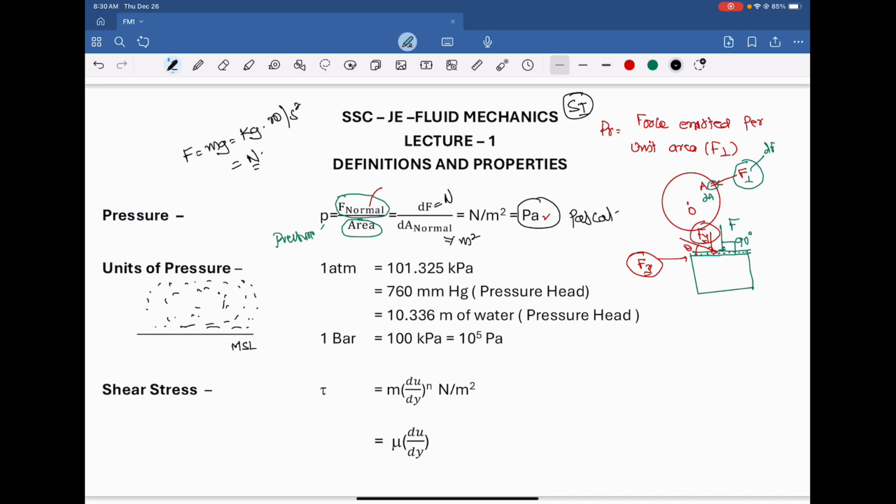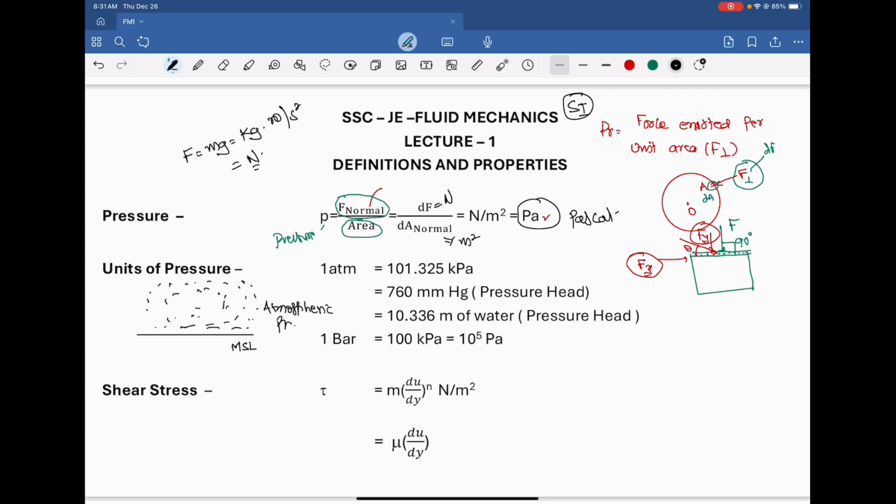A fluid is bound to exert pressure. At normal conditions, at mean sea level, the pressure exerted by the atmosphere on the surface of the earth, I am not talking about the inside of the earth, that pressure is called atmospheric pressure. Pressure exerted by one atmosphere.